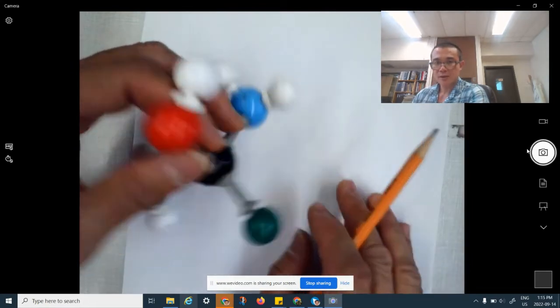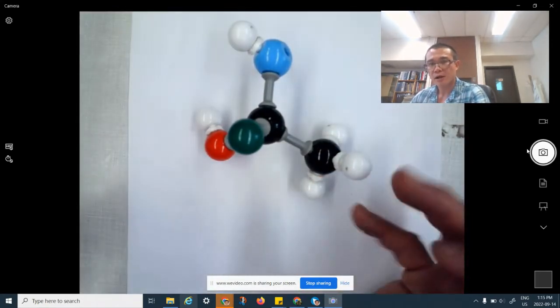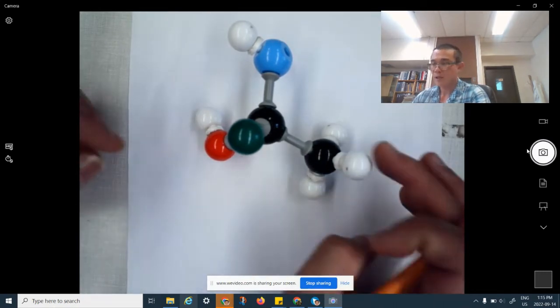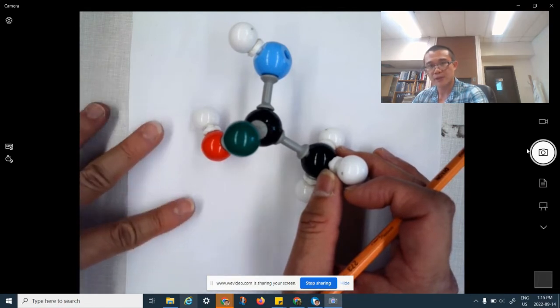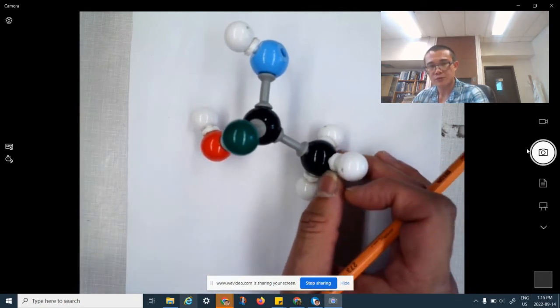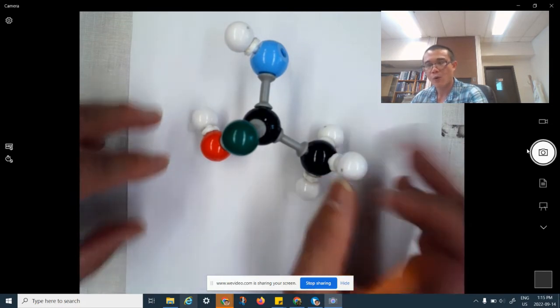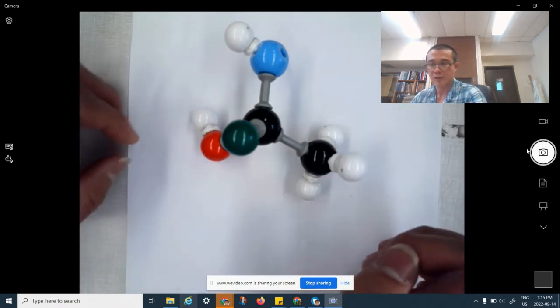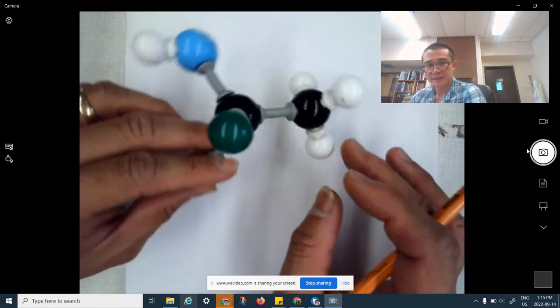Now, sometimes, again, because these molecules are 3D in the real world, but you want to draw them in 2 dimensions, what people do is draw it so that it shows the arrangement of it. What I mean is this.